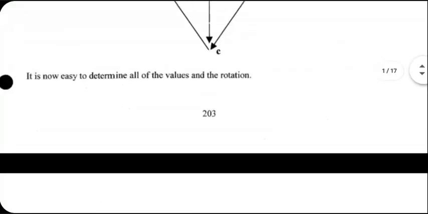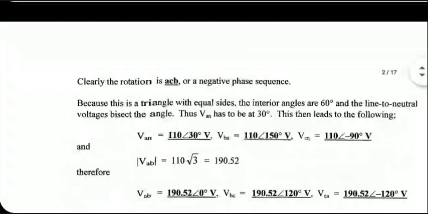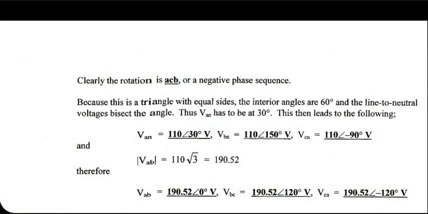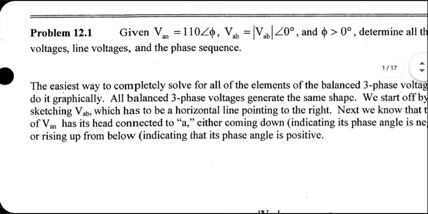VAN, you know that line voltages are plus 30 degrees ahead. Like the phase shift of VAB is plus 30 degrees compared to phase shift of VAN, right? So if I use that factor, VAN should be simply 110 with an angle of 30 degrees.